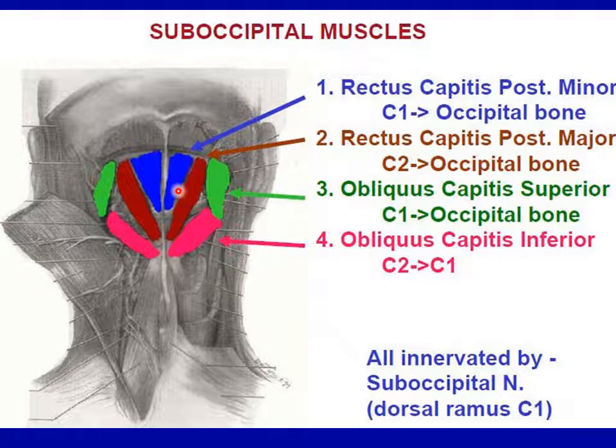Let me show you in this color diagram. This is the rectus capitis posterior minor, origin from C1, insertion into the medial part of the inferior nuchal line on the occipital bone.